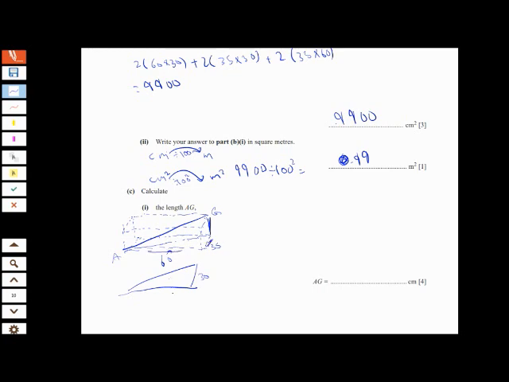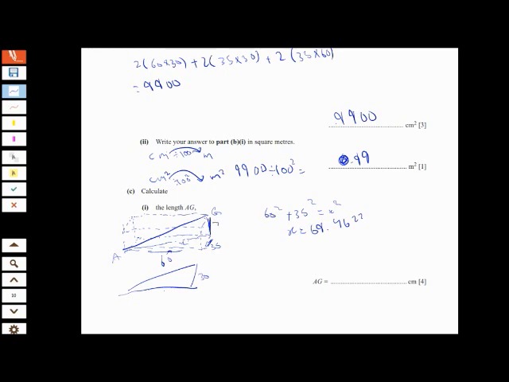We can find this one using Pythagoras theorem, because this is also a triangle. 60 squared plus 35 squared equals x squared. Now x equals 69.4622.